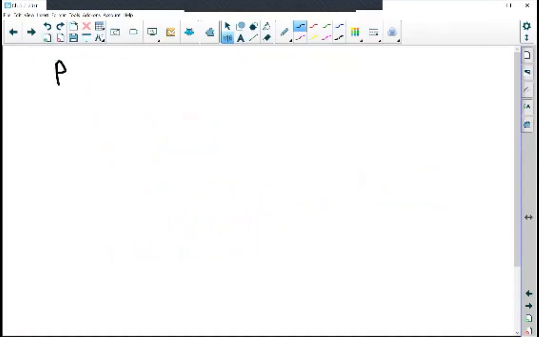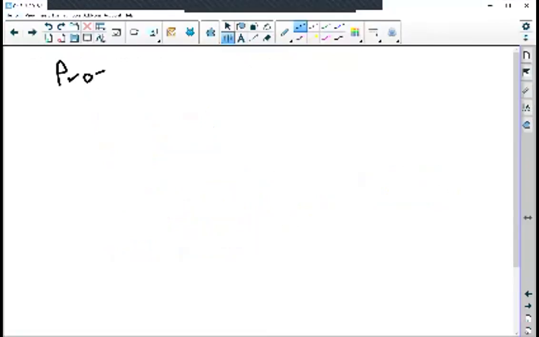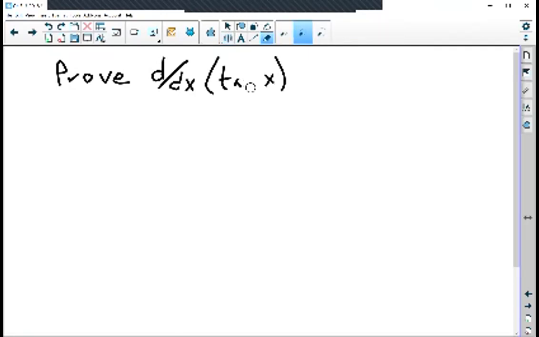All right, last little bit here. Prove that the derivative of tangent x is secant squared of x. No, we're not going to use the definition of a derivative.